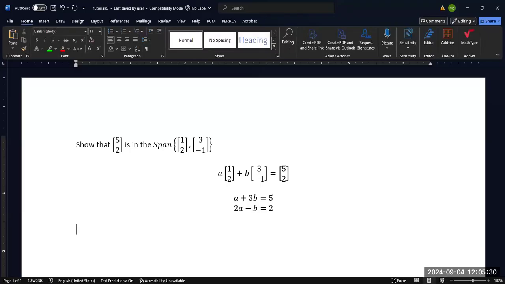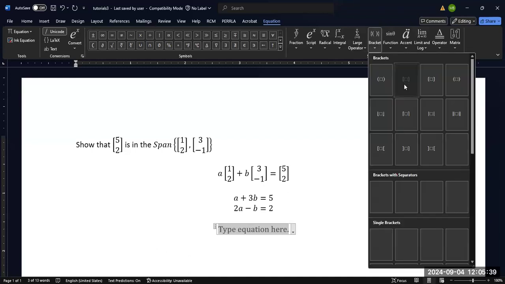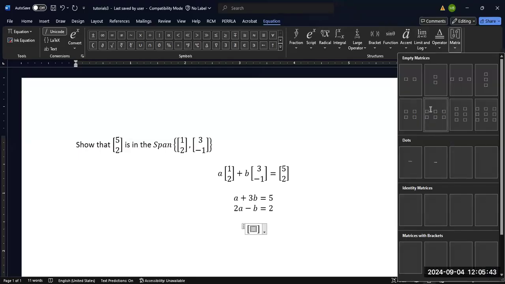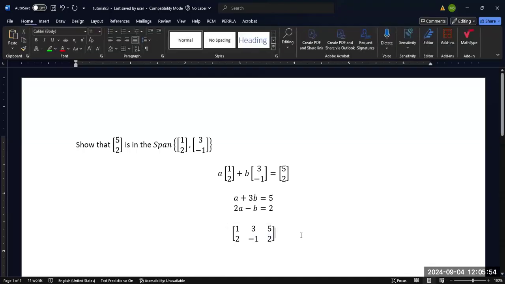Now we can go ahead and solve. We can use matrix methods. So for instance, we can solve our augmented matrix, 1, 3, 5, 2, -1, 2, or we could solve it algebraically using substitution or elimination without matrix form.